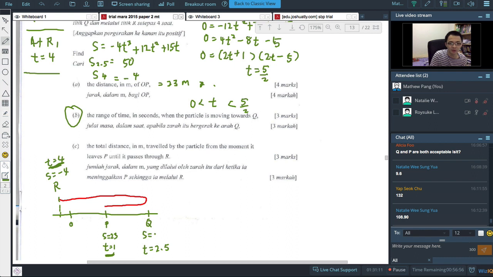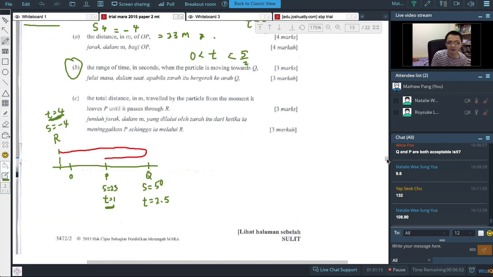Then I want to know the total distance. If you got all the values, total distance is very easy. So first I will find from P to Q. The total distance will equal the distance from PQ plus the distance from Q to R. PQ is simple.